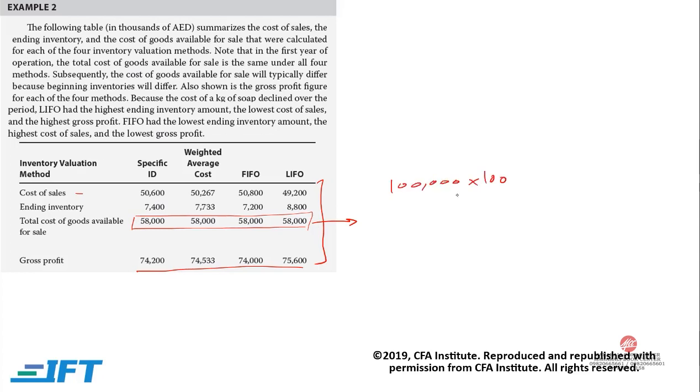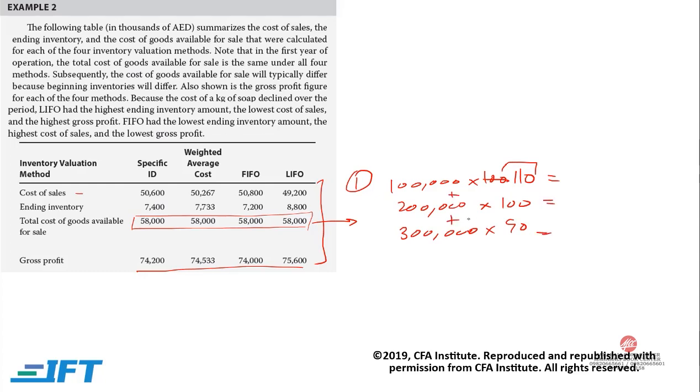100,000 multiplied by 110, because the first batch is for 110. 200,000 multiplied by 100, and 300,000 multiplied by 90.